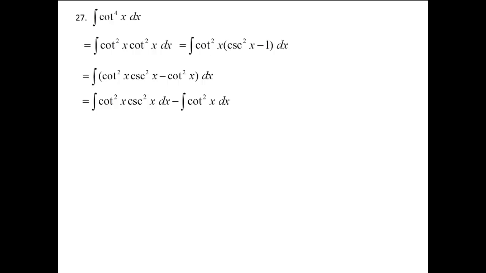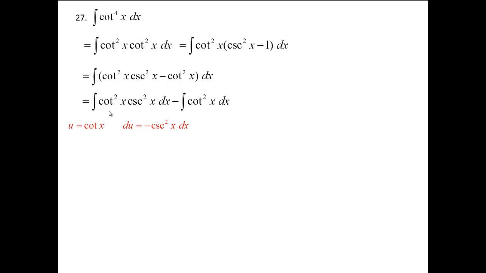In the first integral, we will let u equal cotangent x, then du is negative cosecant squared x dx. So I'm going to do a u sub here. This is u, cotangent x, and du is negative cosecant squared x dx.